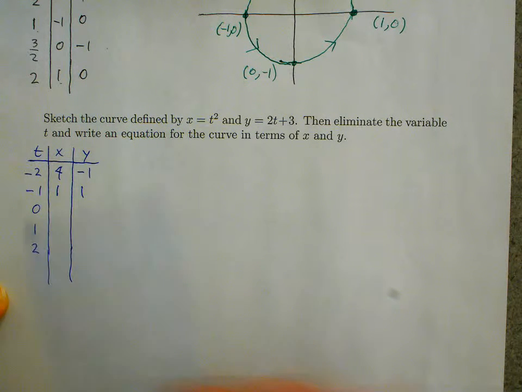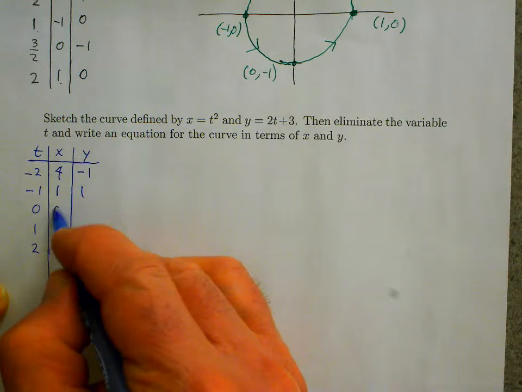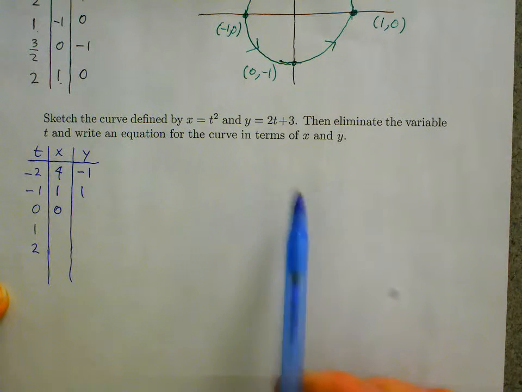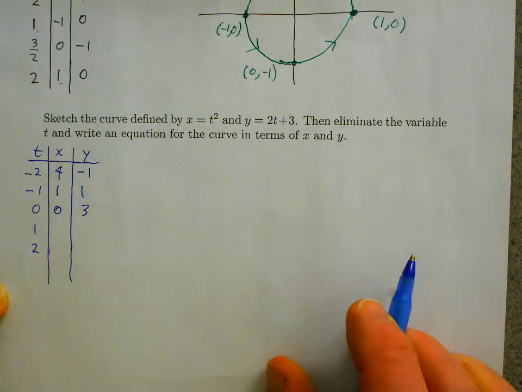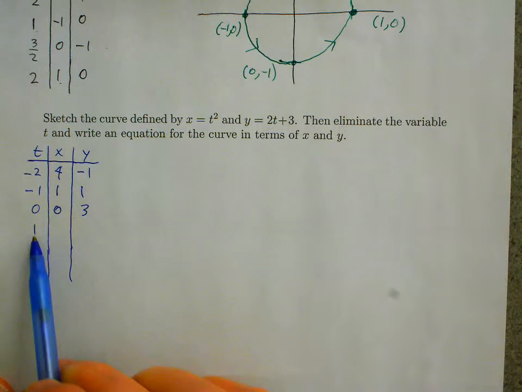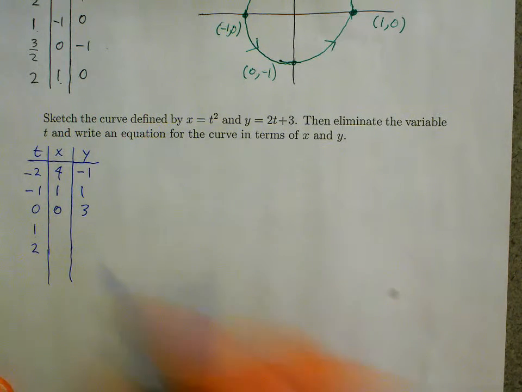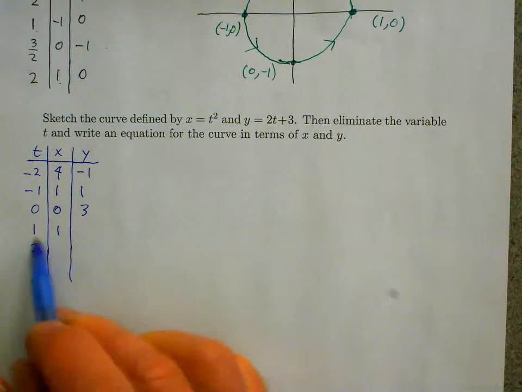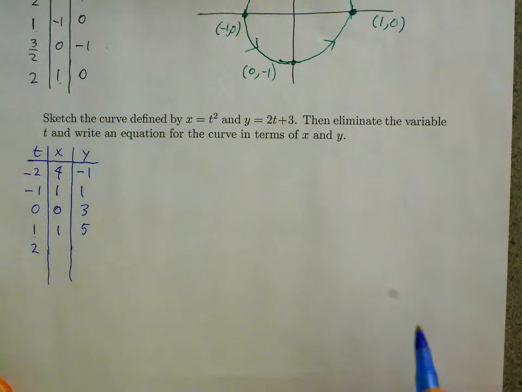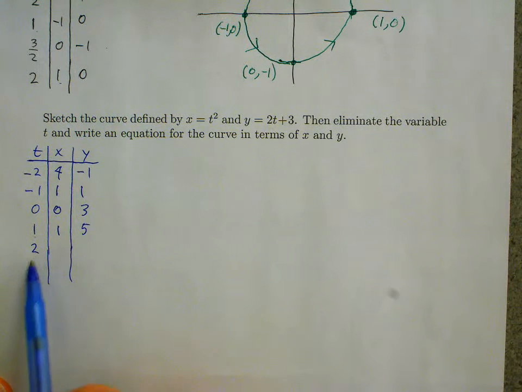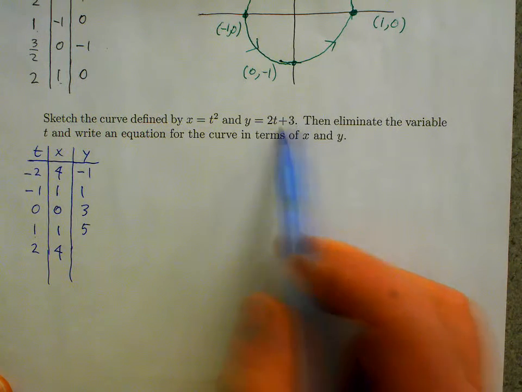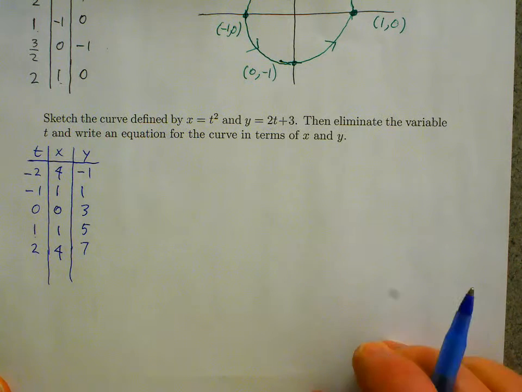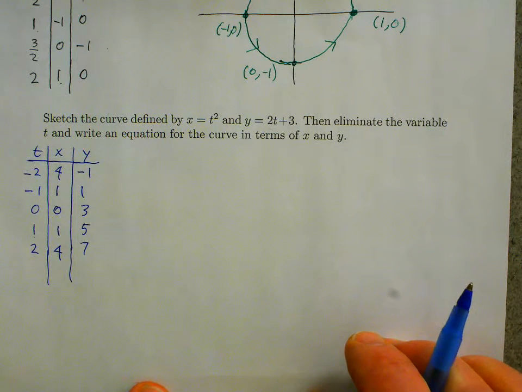When t is 0, the x coordinate is 0, and the y coordinate is 3. When t is 1, the x coordinate is 1, and the y coordinate is 5. And finally, when t is 2, the x coordinate is 4, and the y coordinate is 7.